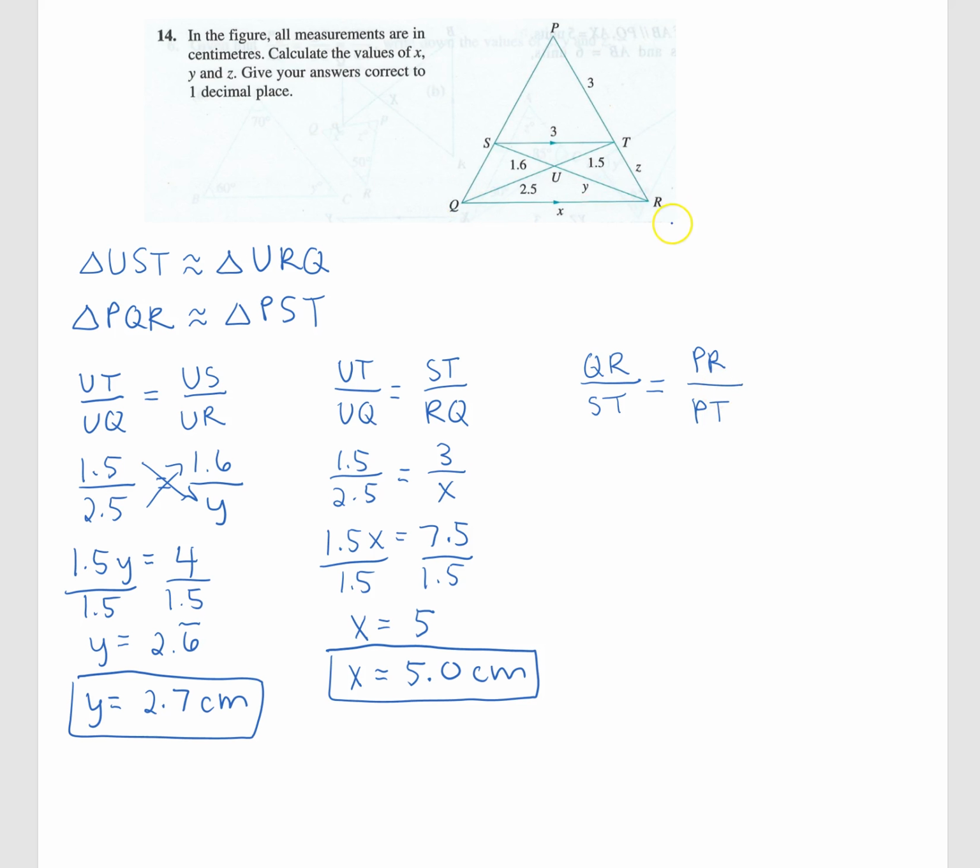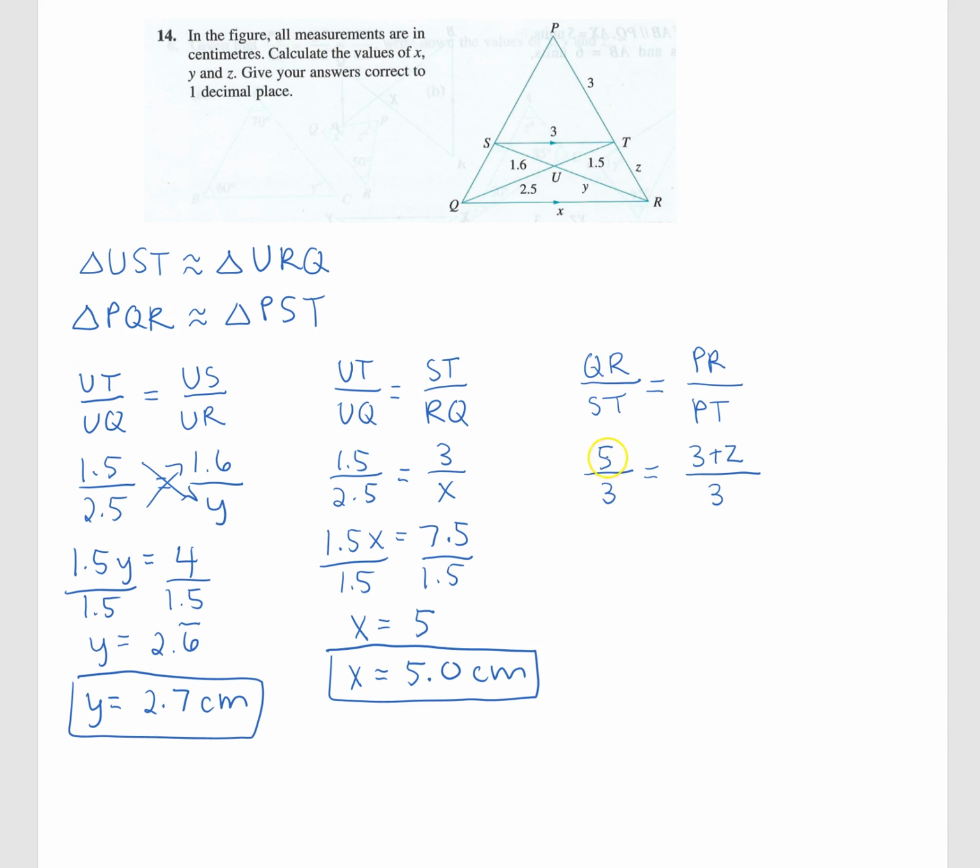Okay, we know QR, we found that already. It's X, which is 5. So we put a 5 on the top there, and ST we know is 3. PR in this case is going to be 3 plus Z, because it's this whole side here. So we have 3 plus Z on the top, and PT, this side here, is just 3.